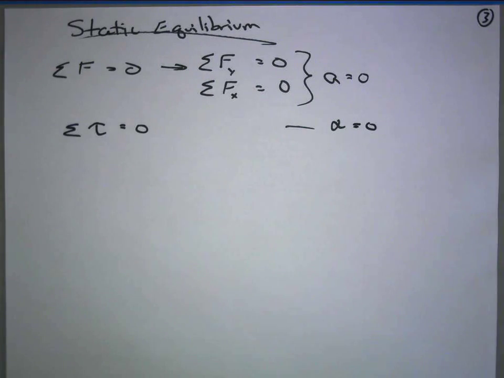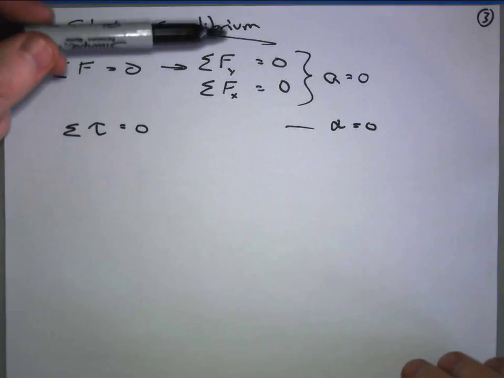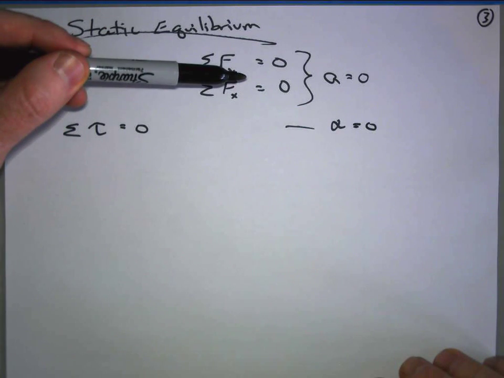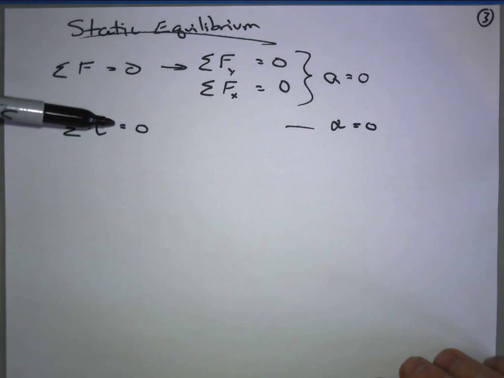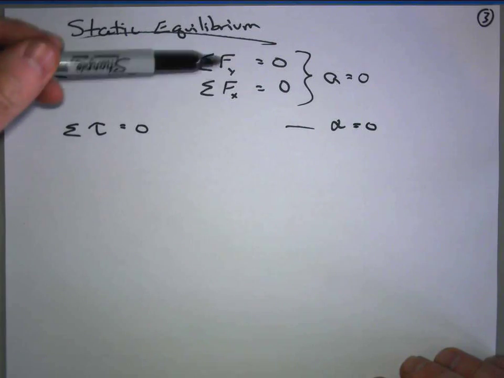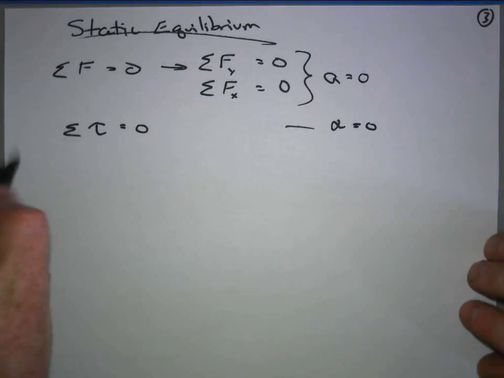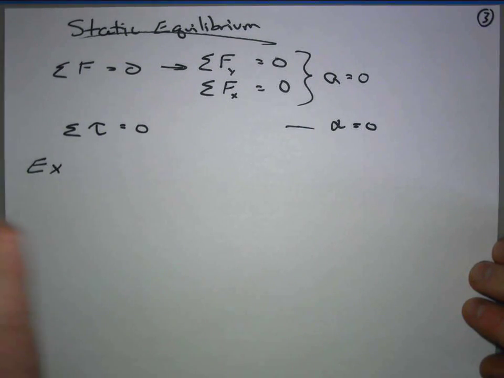Note that satisfying one of these conditions, like saying that the sum of forces is 0, does not necessarily satisfy the sum of the torques. And vice versa. The net torque can be 0, but you might still have an unbalanced force that's in some linear direction, not causing rotation. Let's look at an example of how this can be useful.